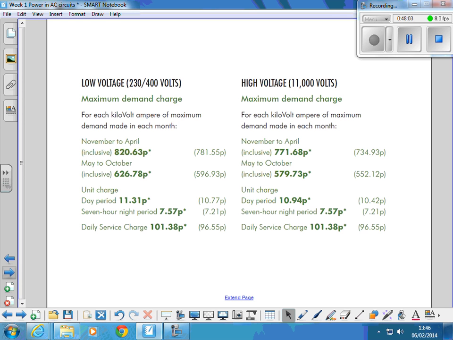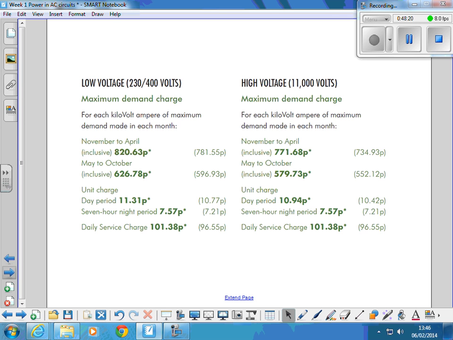So that's 8 quid per kVA. So if you've got a maximum demand of 100 kVA, that's 800 quid a month they're charging you on that maximum demand.